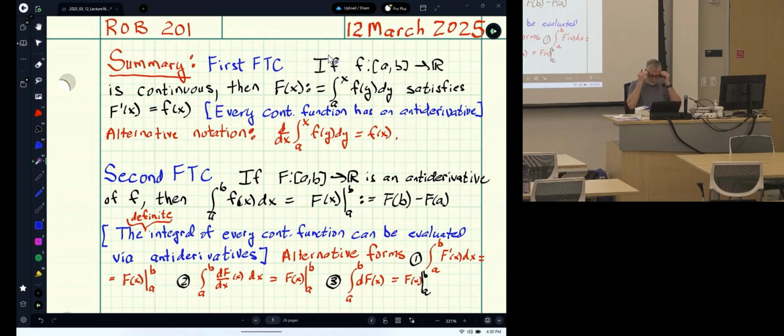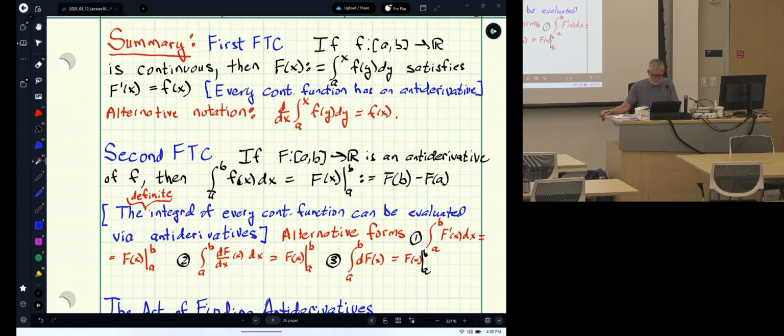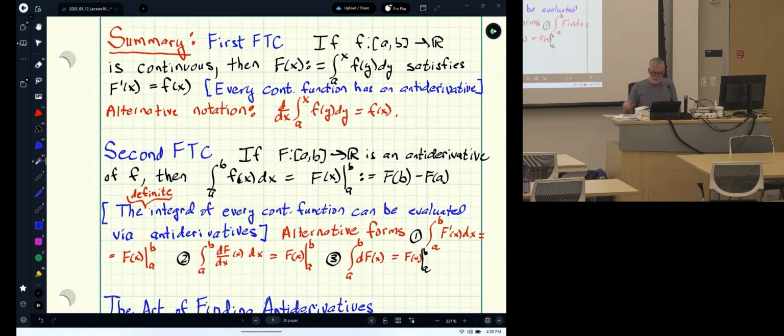Okay, so the first fundamental theorem of calculus tells us that every continuous function has an antiderivative. And it's written in a very special way so that you can see that differentiation undoes, or inverses, integration. The second fundamental theorem of calculus explains why antiderivatives can be useful.